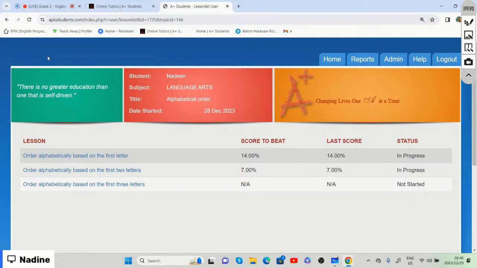If the first letters of each word start with the same letter, right? Then we look at the second letter. The second letter will tell us which one needs to come first. So in order for us to put things in alphabetical order, we also need to know our alphabet.